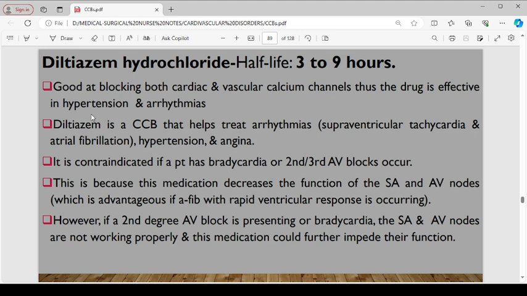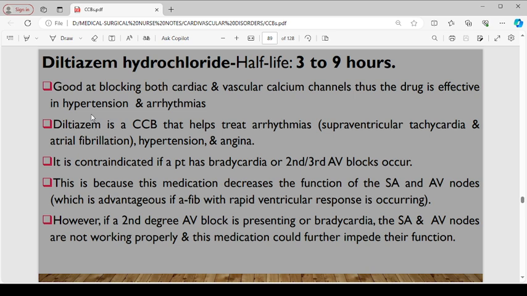Diltiazem is used to treat arrhythmias such as supraventricular tachycardia and atrial fibrillation. Guys, a link will be popping up on the different types of arrhythmias in the ECG. You can look at it and see the different treatment for each case, right?